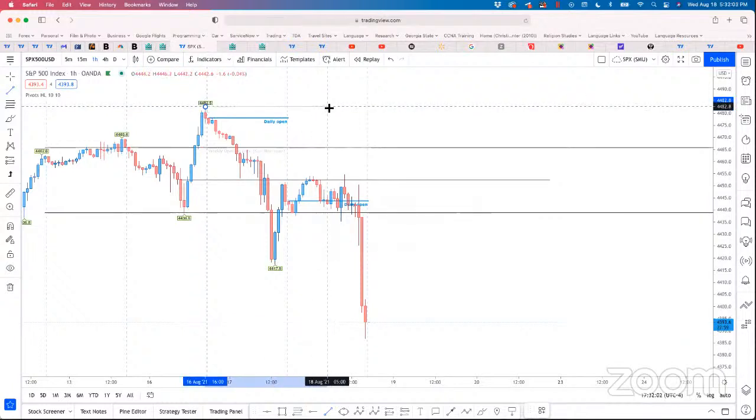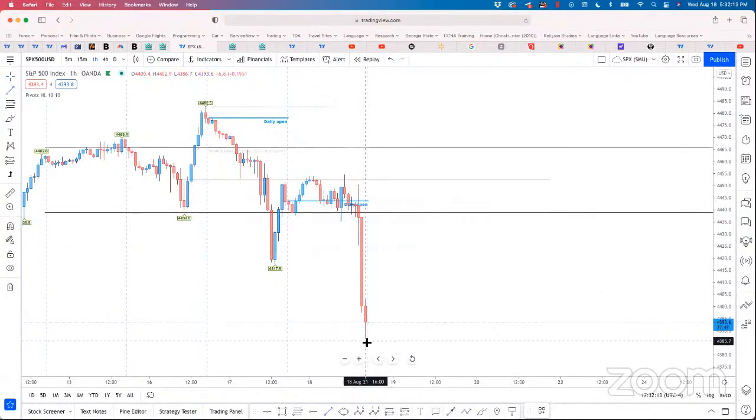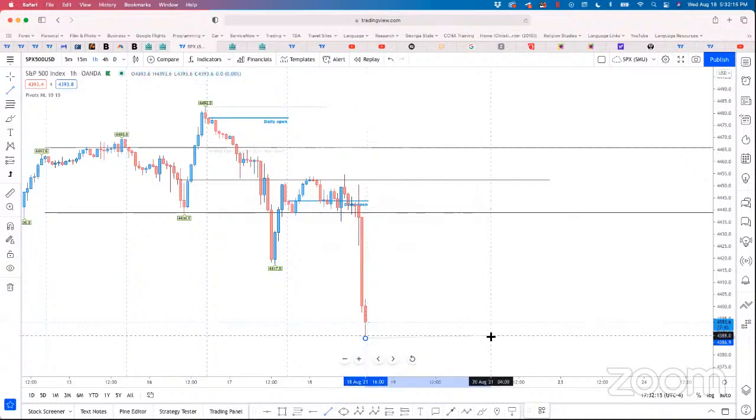Your weekly low, which was right here, but it got taken out right here. So this is your new weekly low.